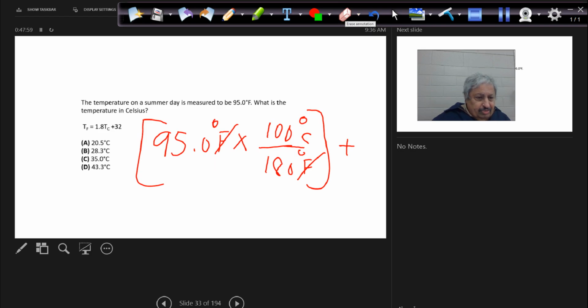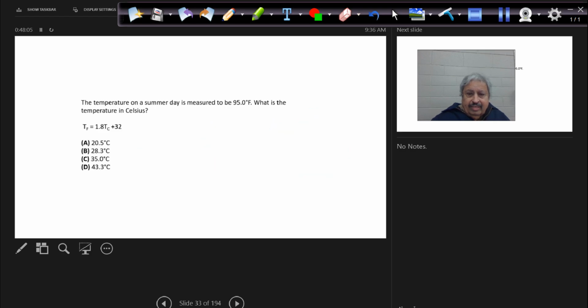no, that's what they give you. That's not correct, guys. They have to give you the formula like this. Let's do it our way here. The formula they put is not correct. So somebody will tell me why. TF minus 32 equals 1.8 TC, correct?